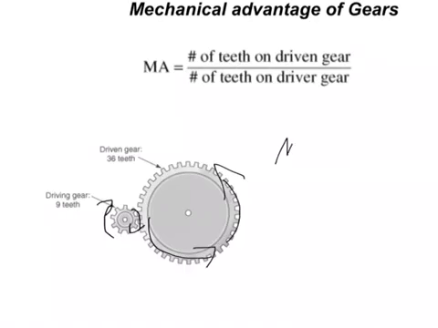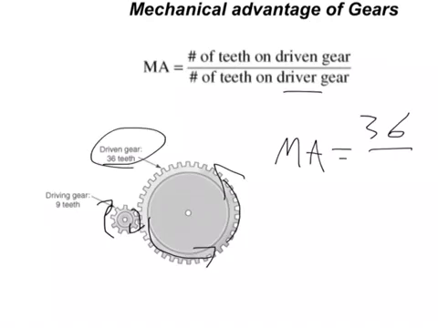So the mechanical advantage is again the driven gear on top, in this case 36 teeth, divided by the driver gear, which in this case is 9 teeth. And 36 divided by 9 is 4. So the mechanical advantage of this compound machine is 4.